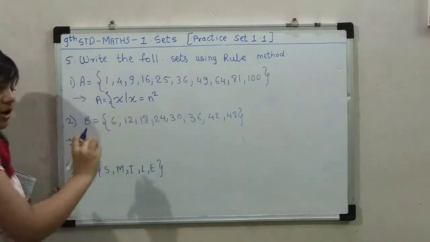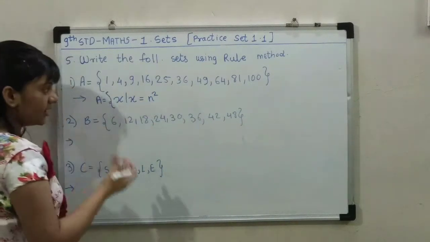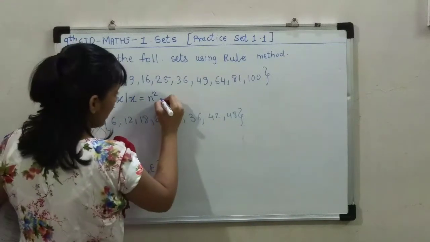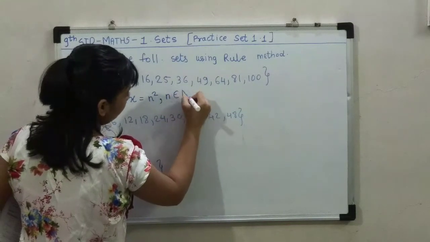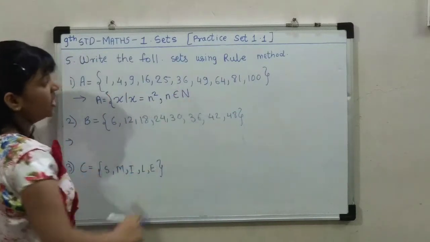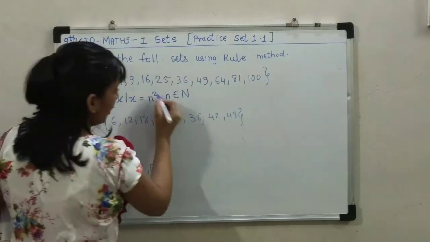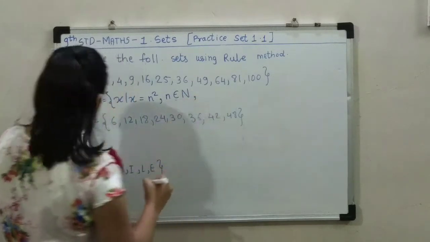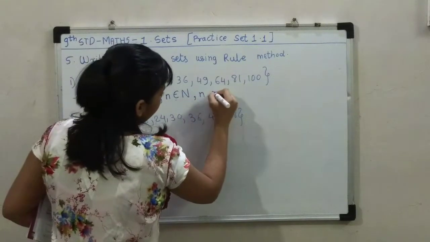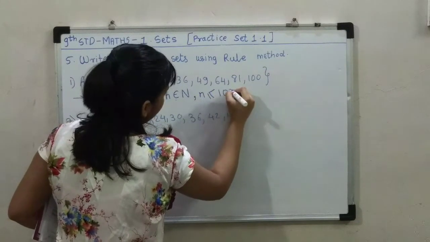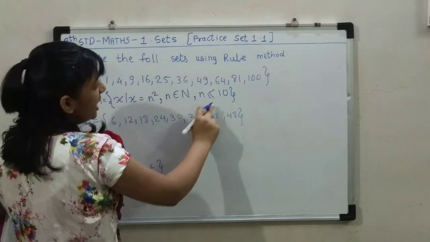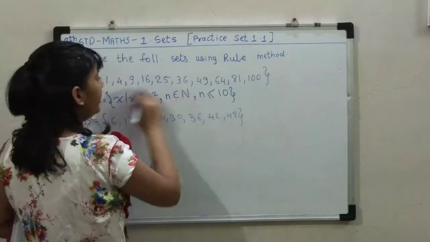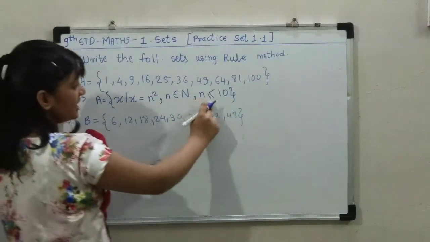When we write a small n, we are denoting numbers, so n square means square numbers. And n is an element of natural numbers, when we write capital N. And one more thing we have to write, that n is less than or equal to 10, meaning until 10 only. So we can give this sign like this.